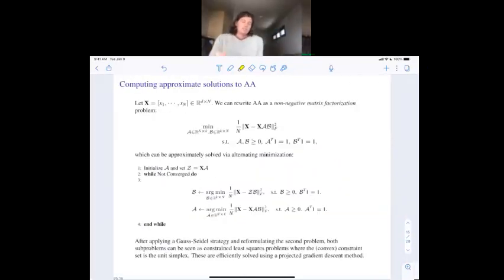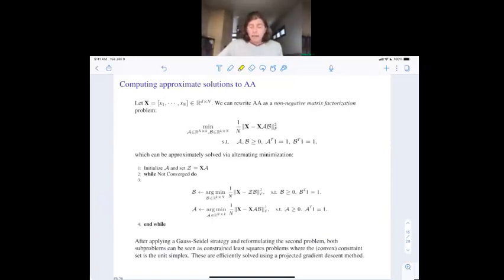Okay, so I'll mention how we compute solutions to this problem, and then I'll give some numerical examples. I mentioned this before, this is something that Cutler and Breiman already wrote down, this alternating method for solving this problem. We solve the subproblems differently than they do, but it looks like the same alternating method.